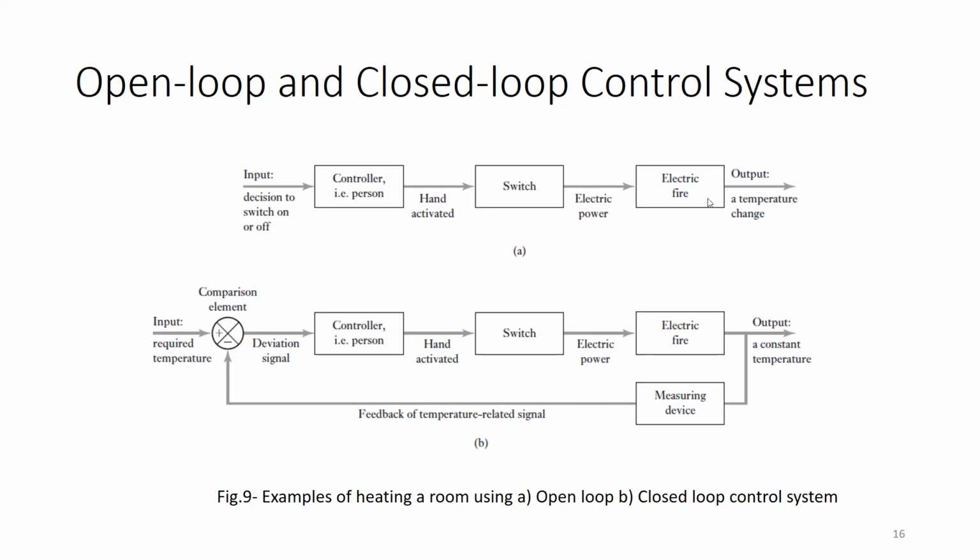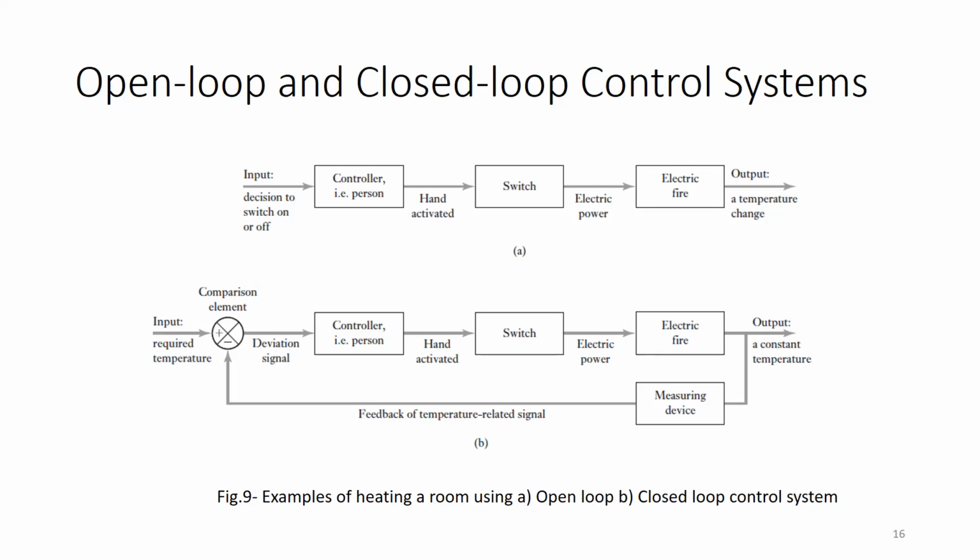So how much change is there, we don't know. We don't want our system to be automatically turned off. We are just turning it on, and it is continuously giving heat, and the temperature is rising. And once we have felt that now the sufficient temperature is reached, we will manually turn it off. So this becomes an open loop control system.